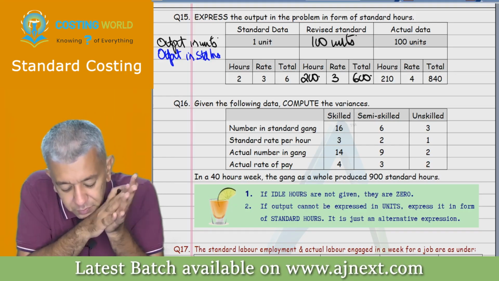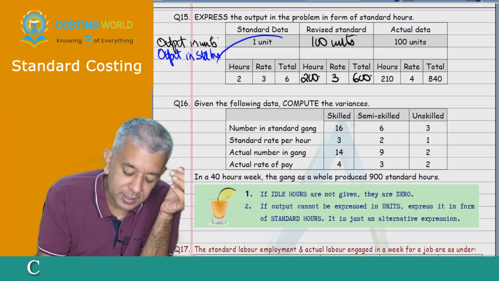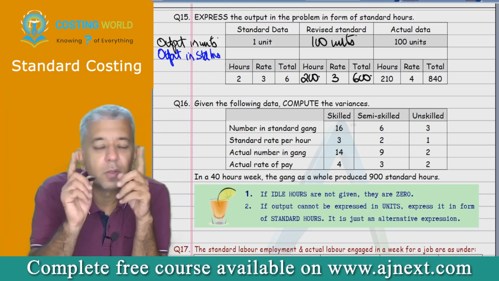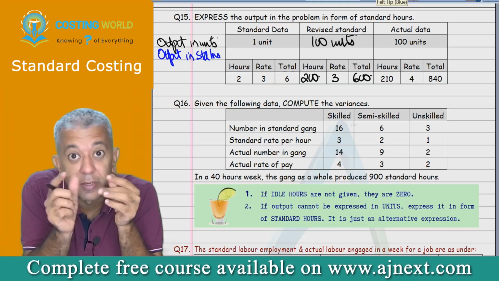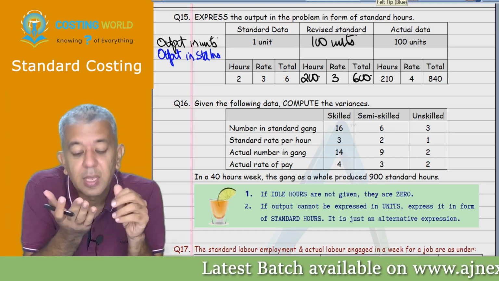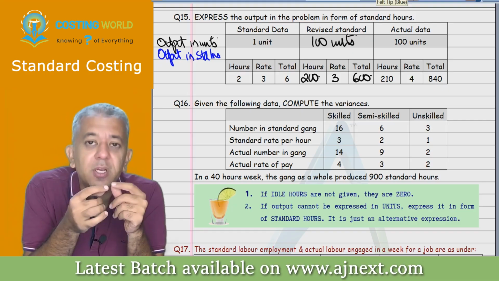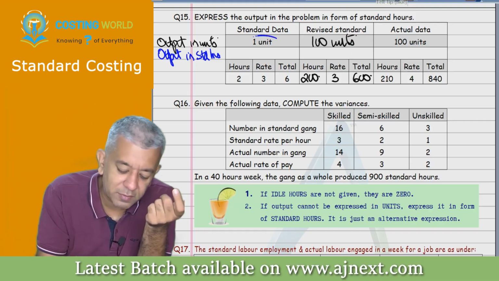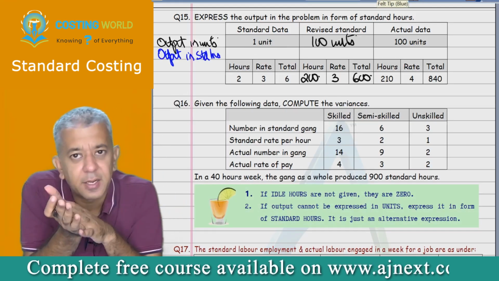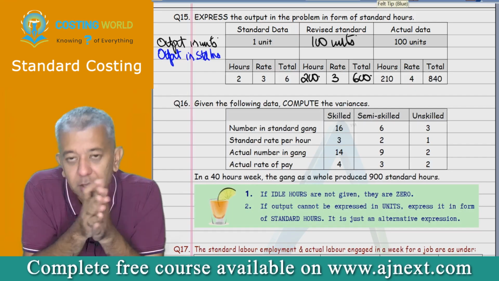Okay, listen. Now this standard data is for producing how many units? 1 unit. Now instead of saying that word 1 unit, I can alternately say what? Either you can express output in terms of physical units, the way that we have done right now, or you can express it in form of standard hours. How do you do that? Now listen very carefully.